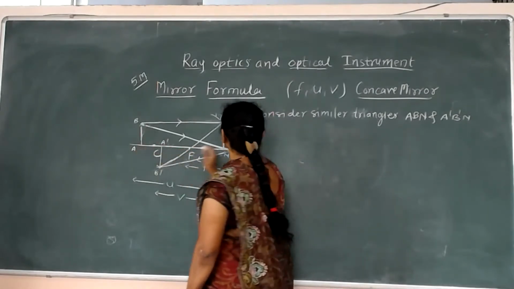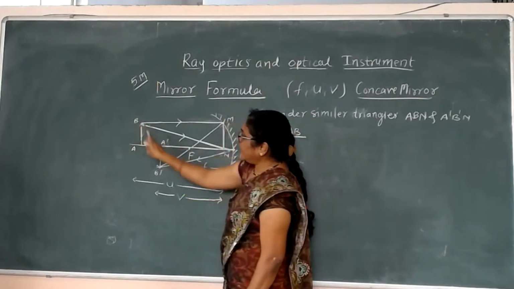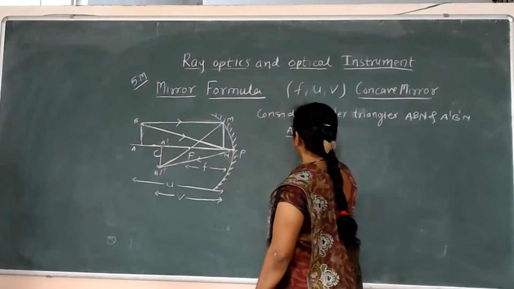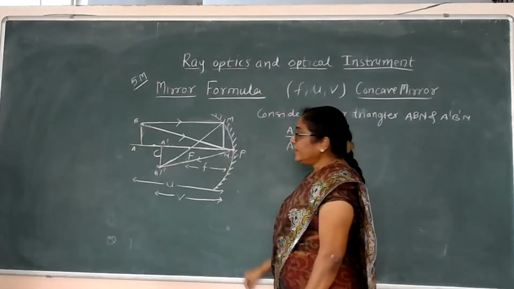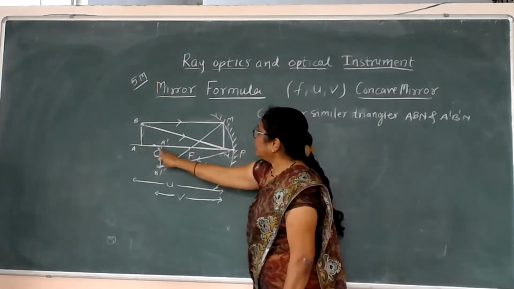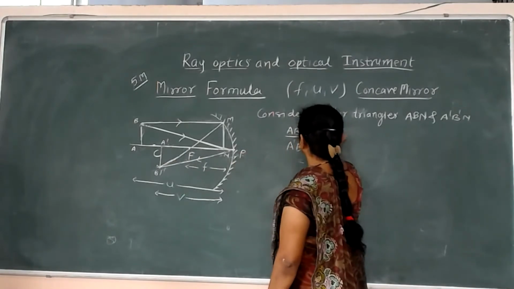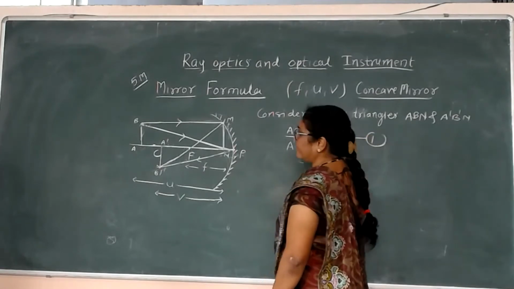When we compare the similar sides, AB divided by A dash B dash. Then the other two sides are AP divided by A dash P is equal to AP divided by A dash P. Suppose this is equation number 1.